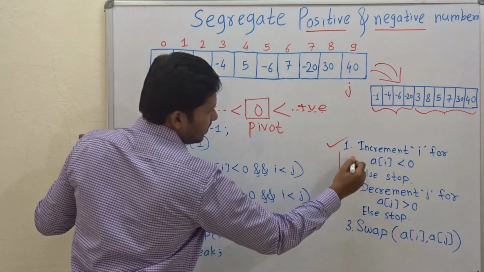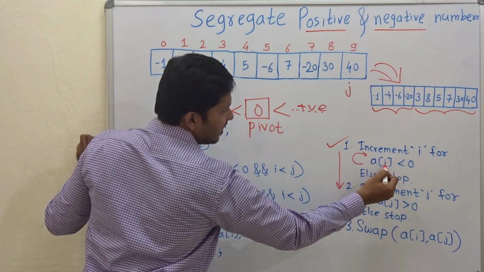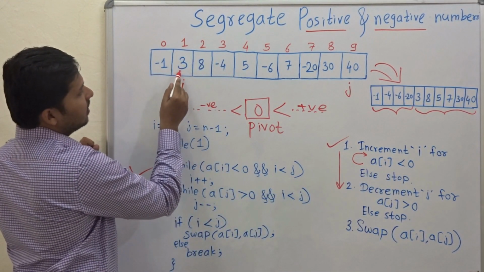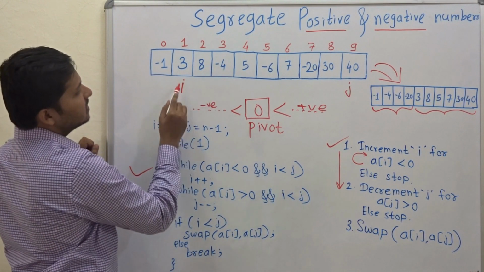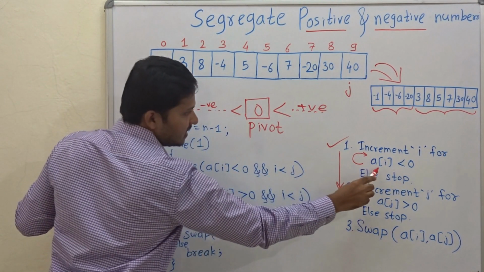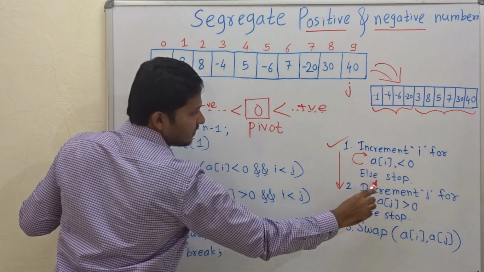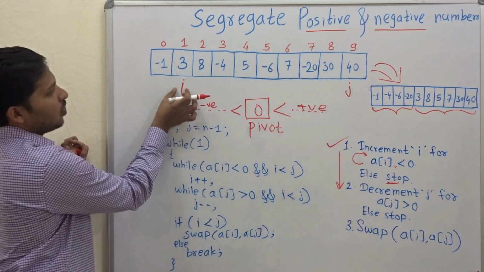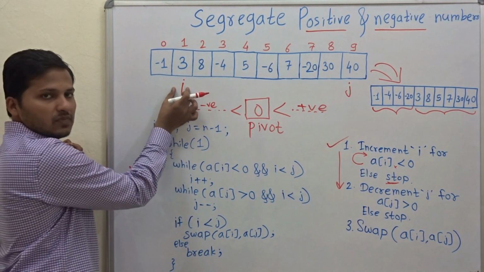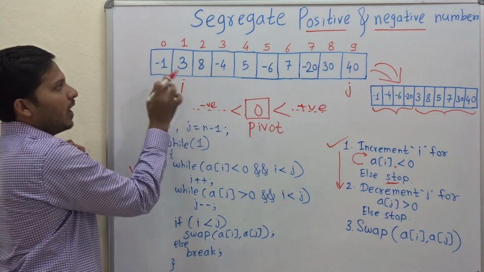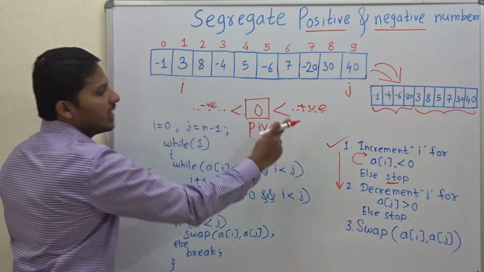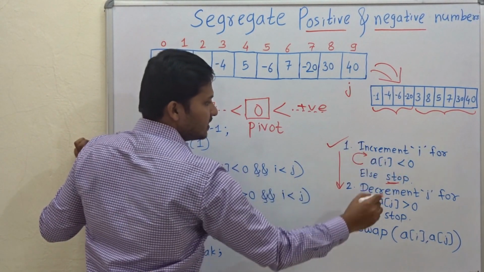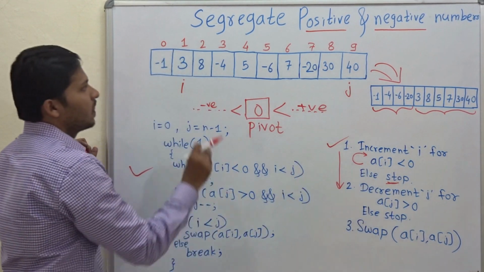Now again see whether a of i is less than 0. No, it is not, because 3 is greater than 0. If this condition is not satisfied, then in the else you have to stop i here. In short, you have to keep incrementing i while a of i is less than 0, else you have to stop.